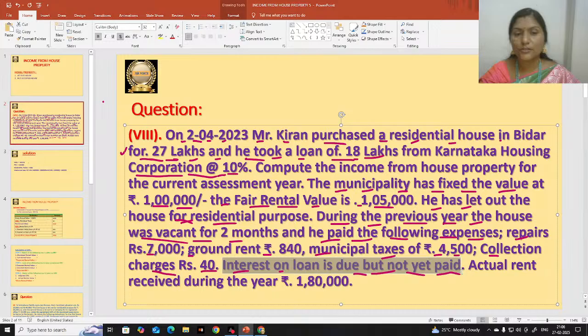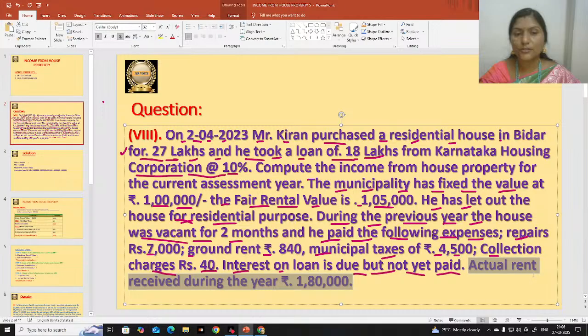This is our deduction under section 24 subsection B, because interest on loan is allowed as deduction on due basis also. Hope that is clear. And next, ARV. We need how much rent he is actually taking from the tenant, that is compulsory to take from the question. At the end they have given actual rent received during the year is 1,80,000.